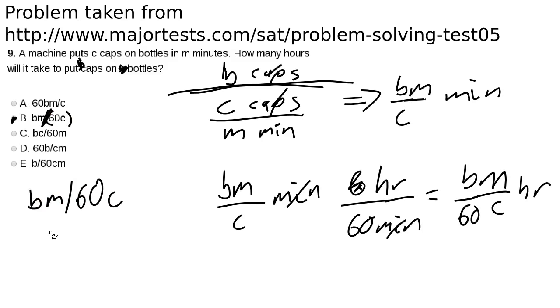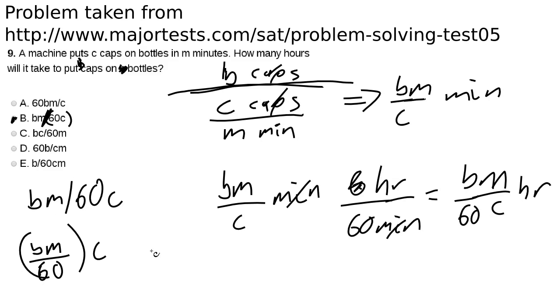That could be interpreted as BM over 60 times C, because if we're doing addition, multiplication and division, the order of precedence of the operators is left to right.